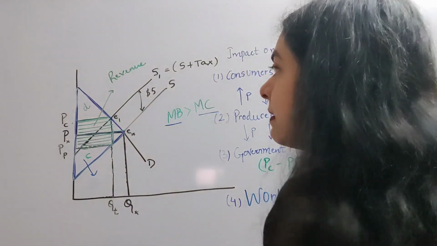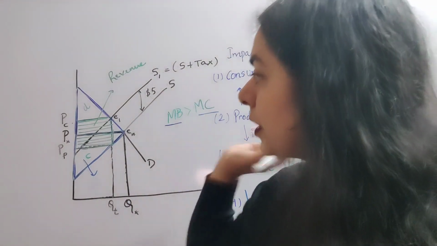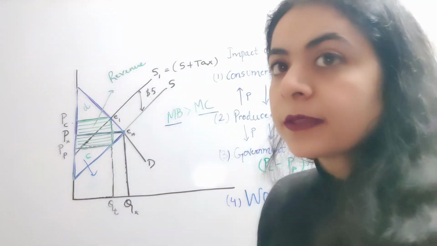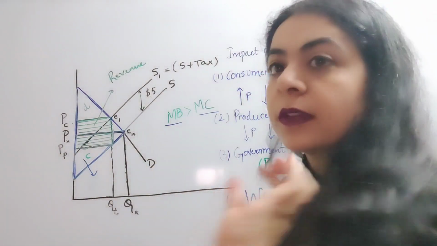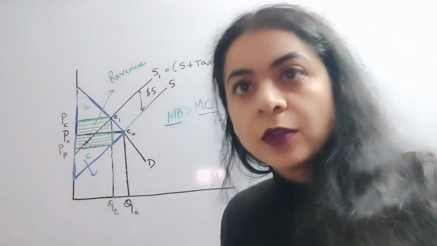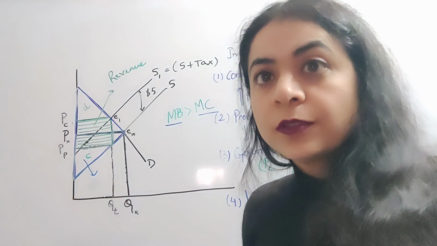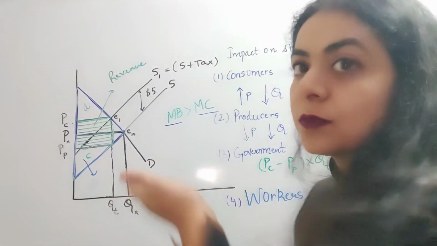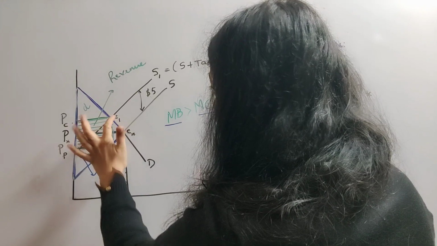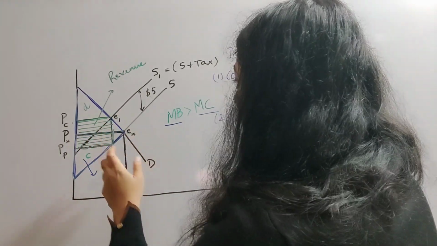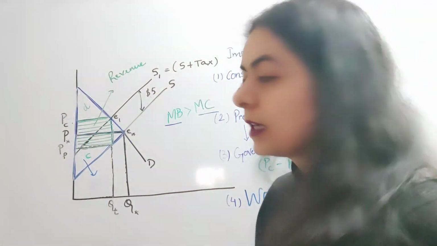Overall, we can say that there is a fall in both producer as well as consumer surplus, and fewer resources are allocated towards the production of this good. So there is under allocation of resources, as we can see in terms of a higher marginal benefit derived from this good as compared to the marginal cost.